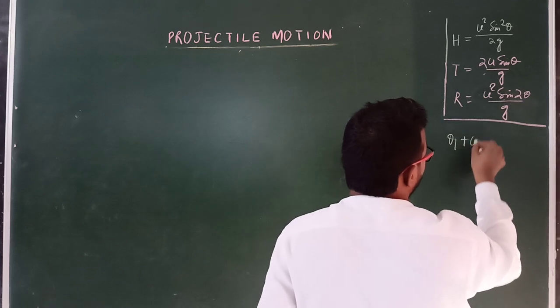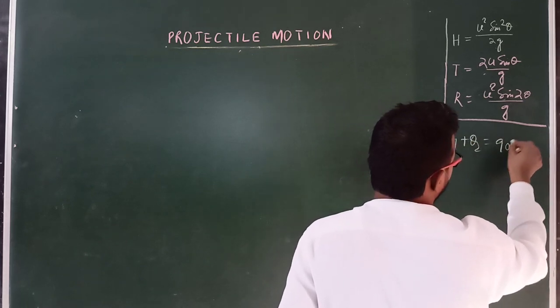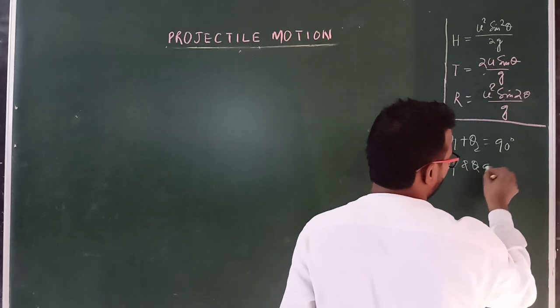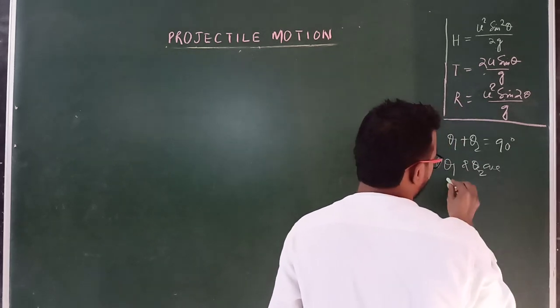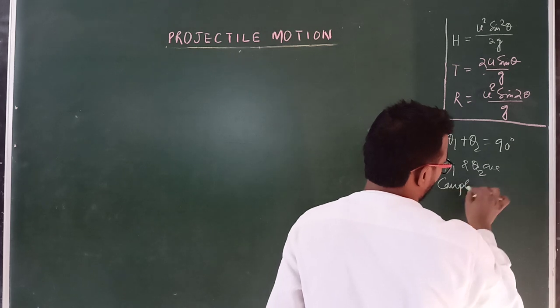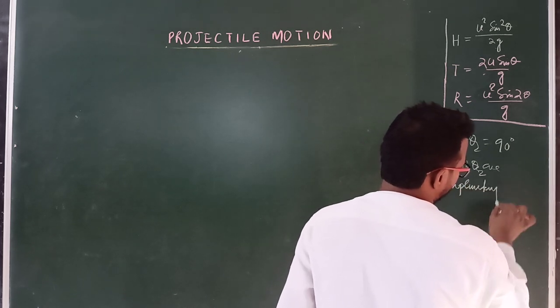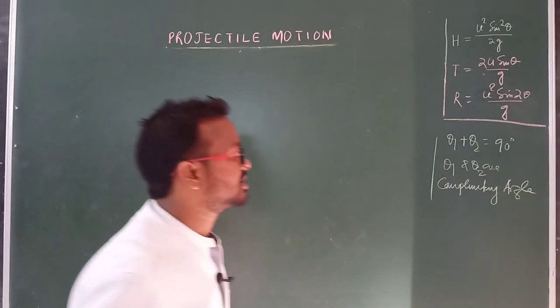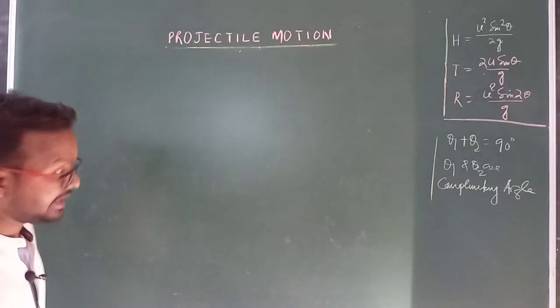Suppose theta 1 plus theta 2 is 90 degrees, then we can say theta 1 and theta 2 are complementary angles. Clear? So here we have to discuss two complementary angles.